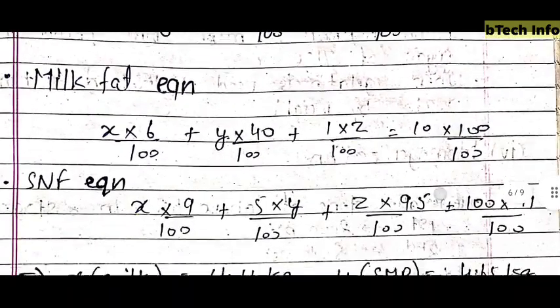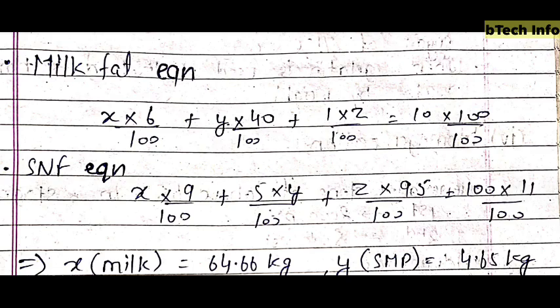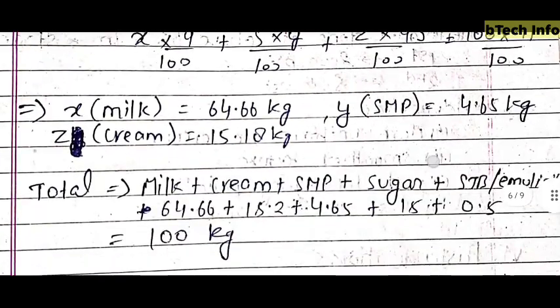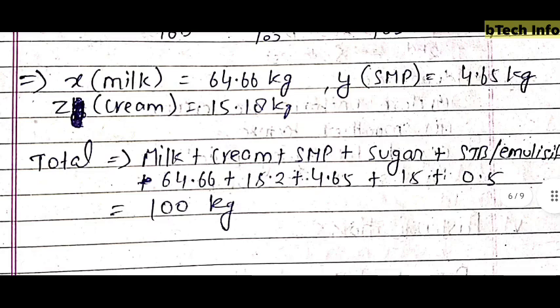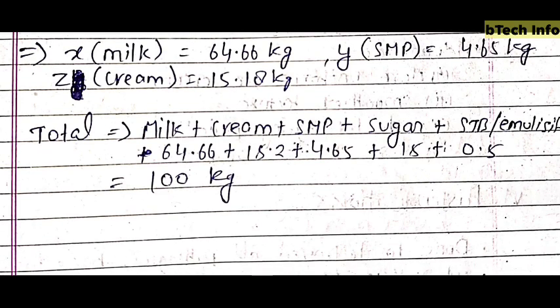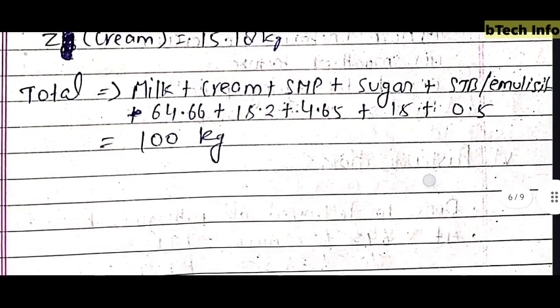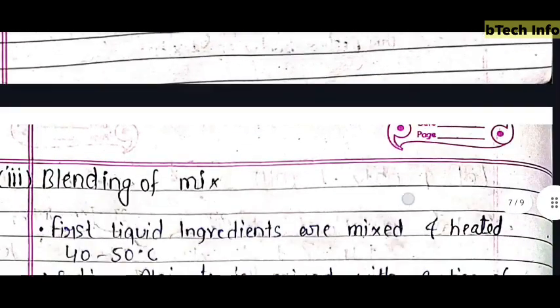The second equation we make for fat, and the third for SNF, since we know the fat and SNF of each ingredient. After solving these three equations we get X, Y and Z. Then if we add all of these, milk, cream, SMP, sugar and stabilizer, we get a total of 100 kg. So this is how we calculate the formulation of mix.